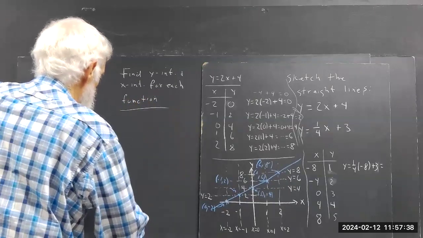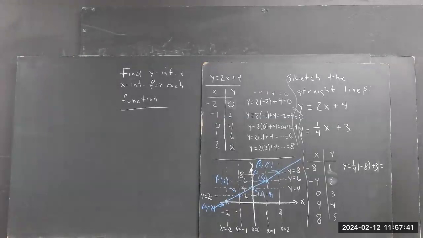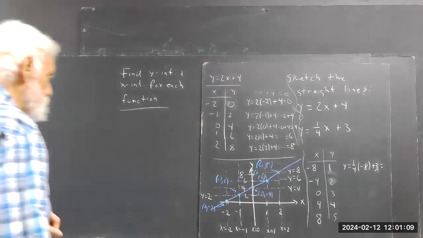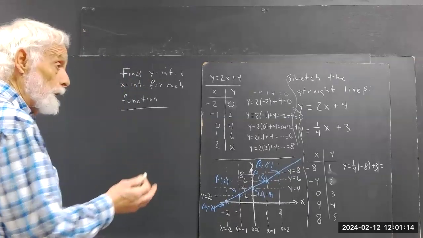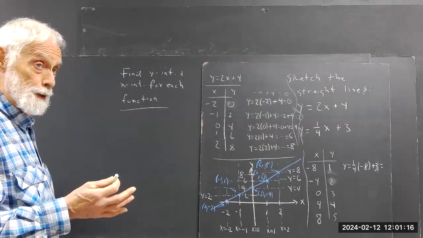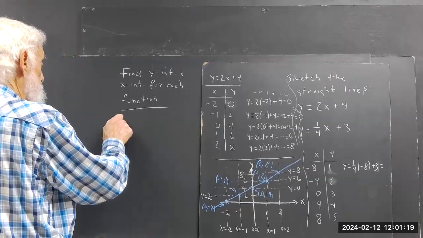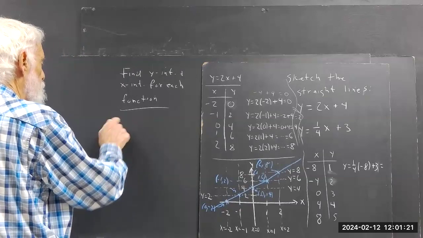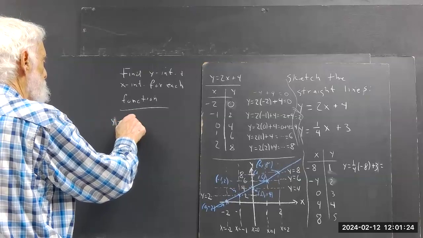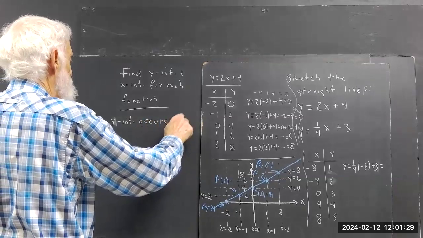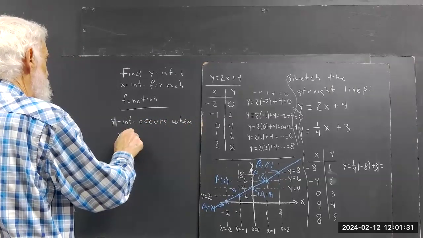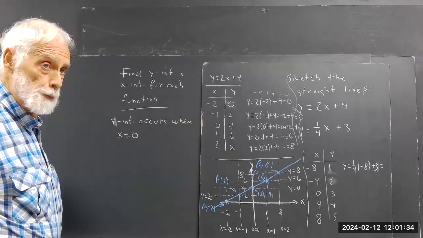People have a little trouble with this. OpenMath showed you how to find the x-intercept, but let's do the y-intercept. That's really easy. The y-intercept occurs when x equals 0.